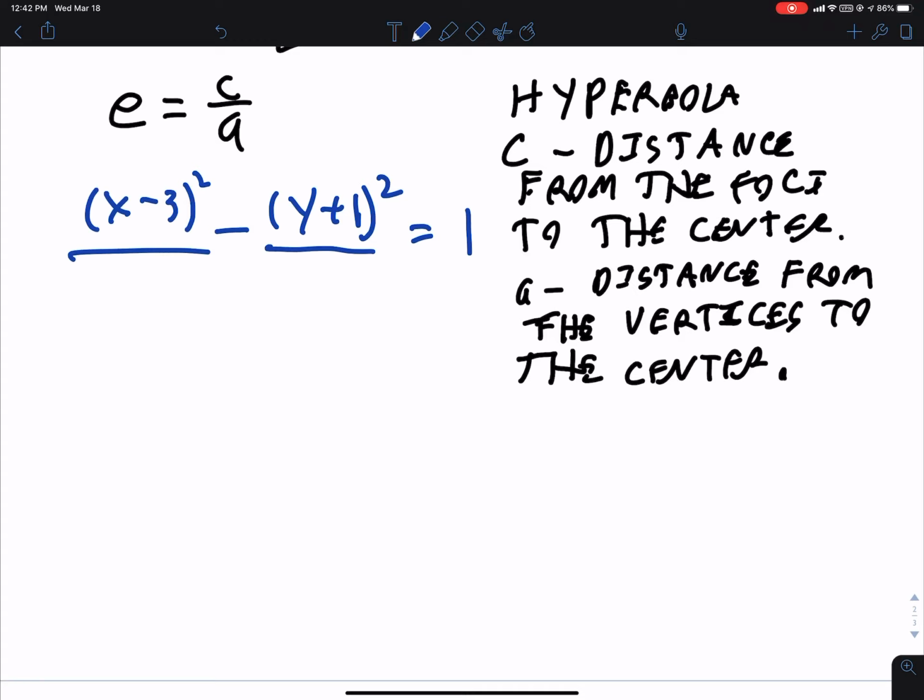And let's do some nice numbers again. Let's do 100 here and 64 here.